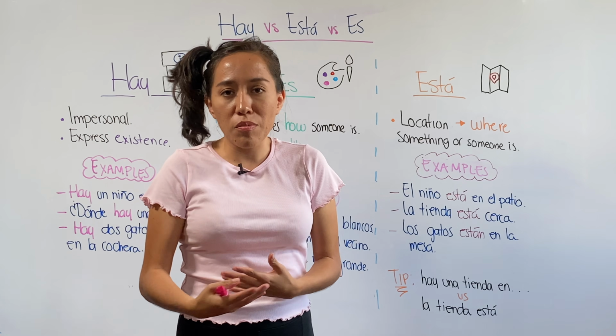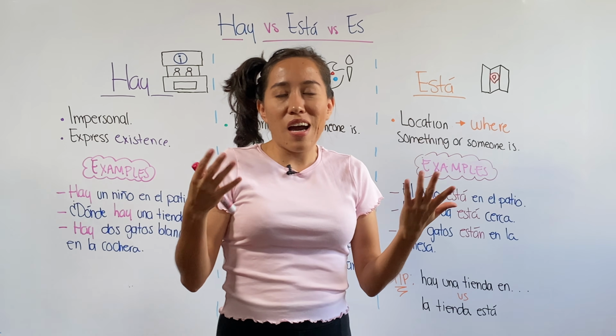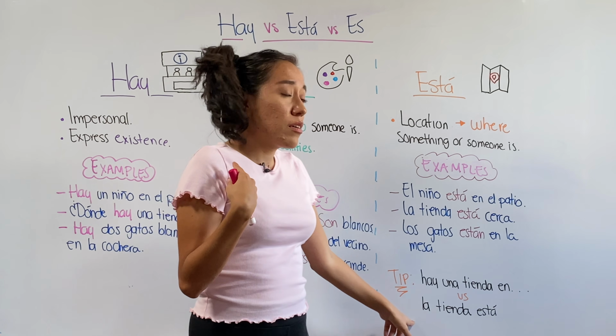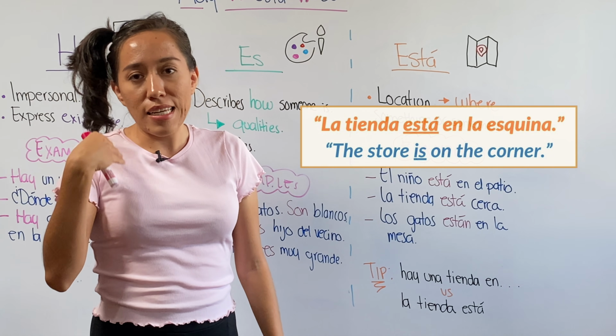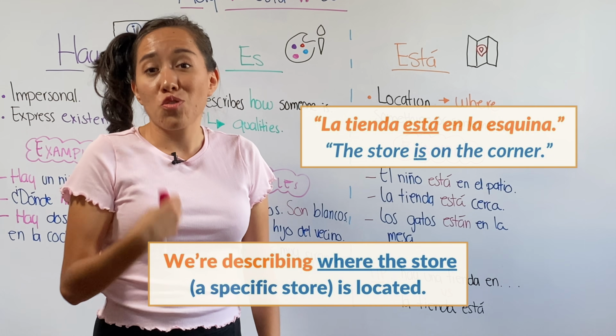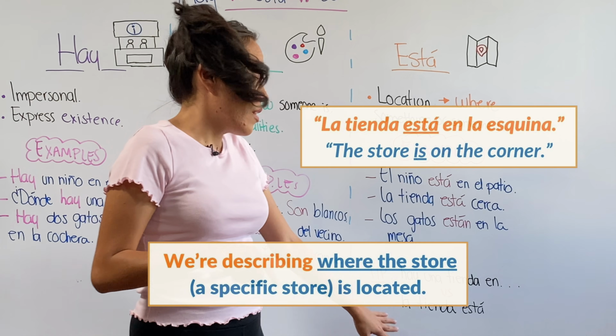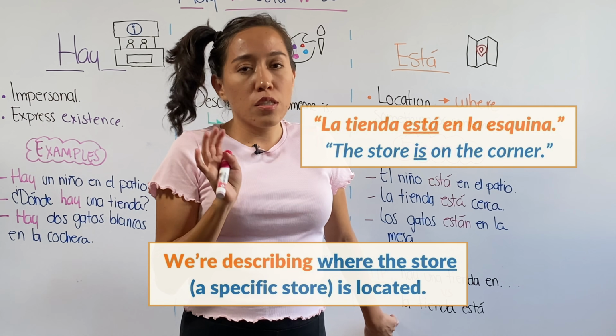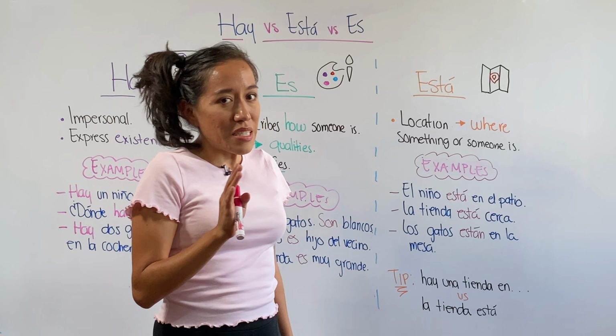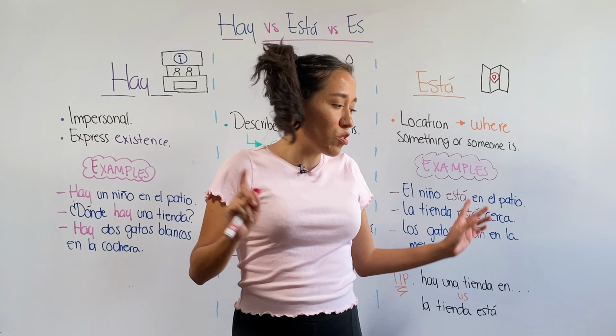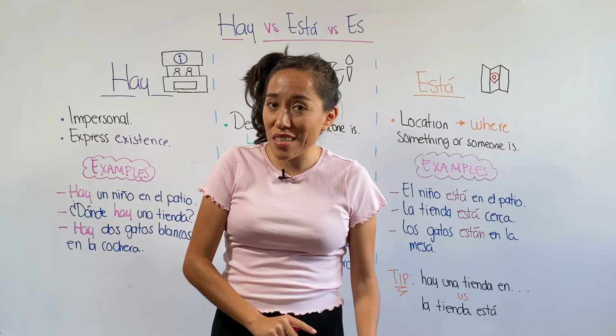I'm just describing the beautiful things we have in my neighborhood. But if I say, la tienda está en la esquina, I'm assuming that you already knew that there was a store, and I'm just telling you where it is, okay? So there is a significant difference when you use hay or está.